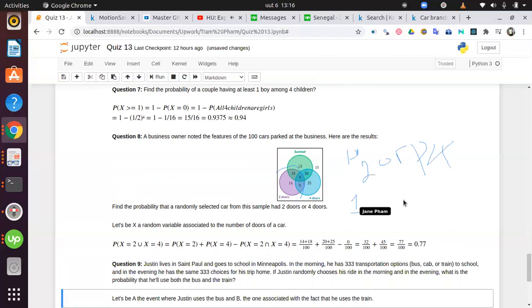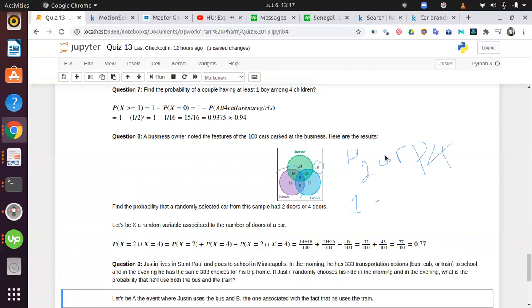First, we need 1, and we subtract the sunroof one. We subtract this, and we will get the number for 2 or 4, right? So it's 1 minus. Oh, so there's a 10. So these 10 have no door.